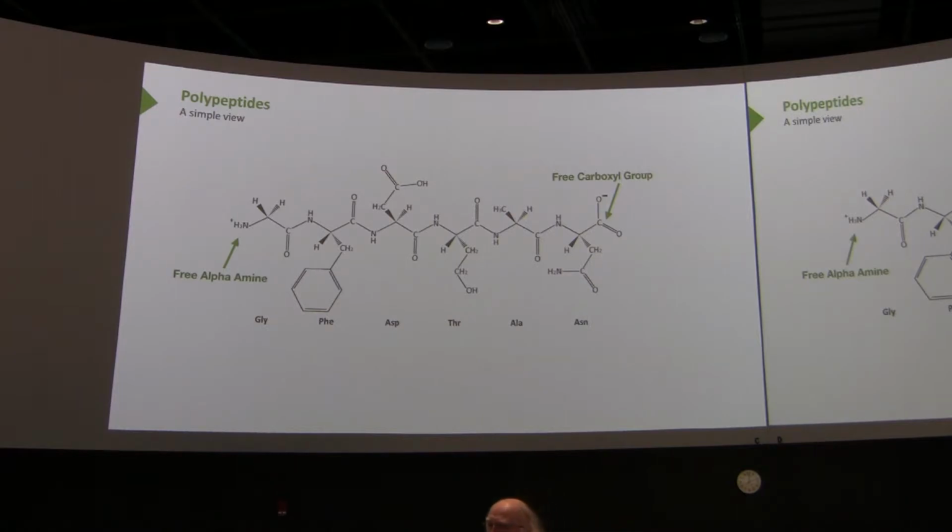The only parts of a protein that can ionize are the alpha amino group, the alpha carboxyl group, and any ionizable R groups. All those other alpha amino groups and alpha carboxyl groups in the middle don't ionize. They got gobbled up in peptide bonds.